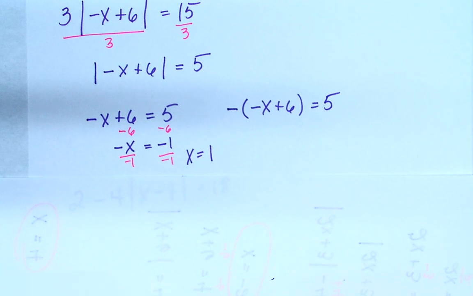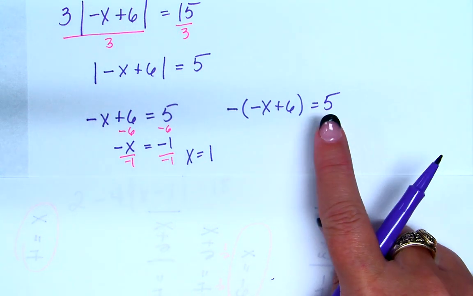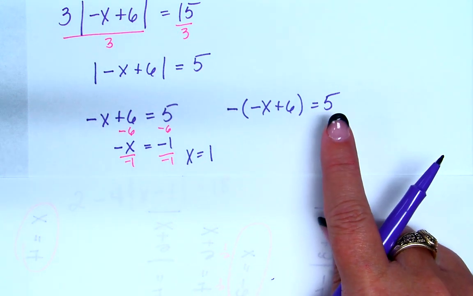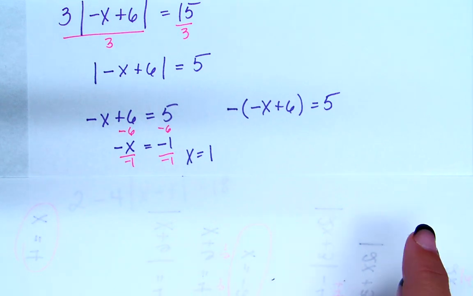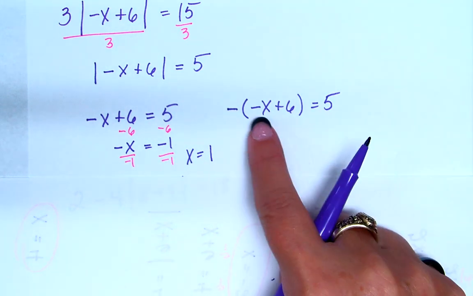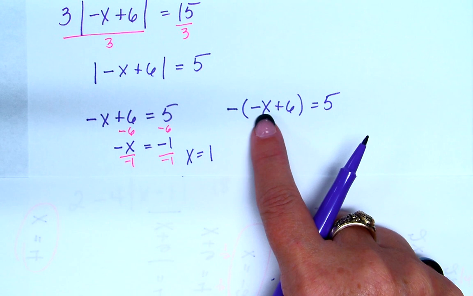What do you want to do here? I could either distribute or divide by negative 1. But do you notice what would happen if I distribute? Our x is positive. And don't we kind of want that, right? We can still get this problem right if I divide both sides by a negative 1. But later on, I'm going to have to divide by another negative 1 to solve for x, right?